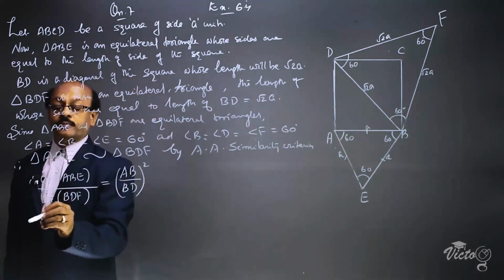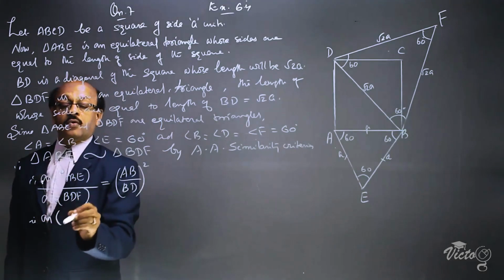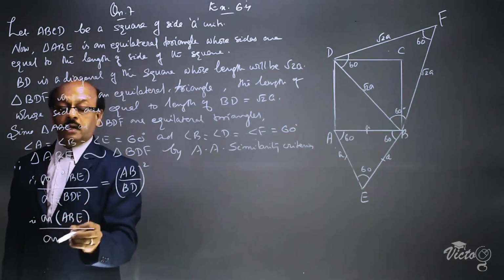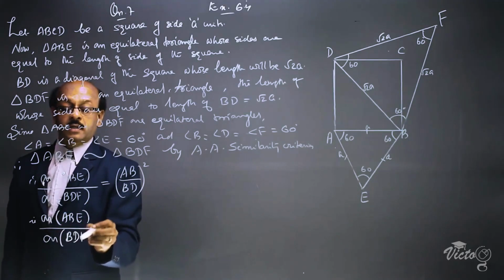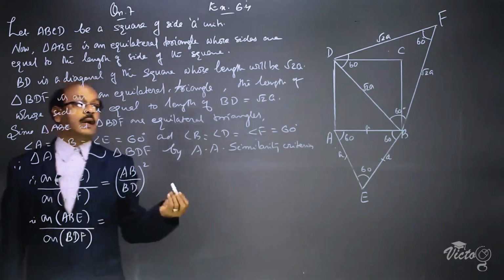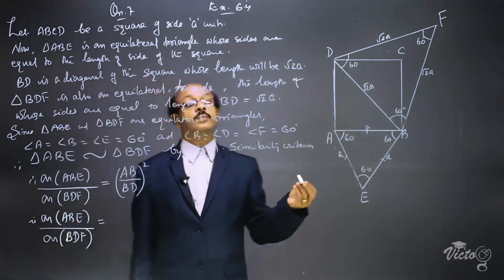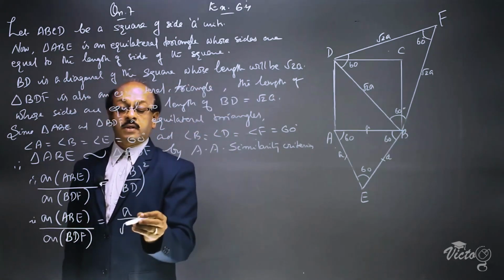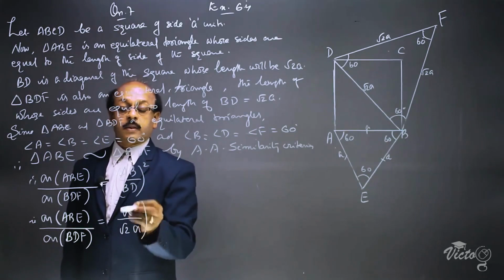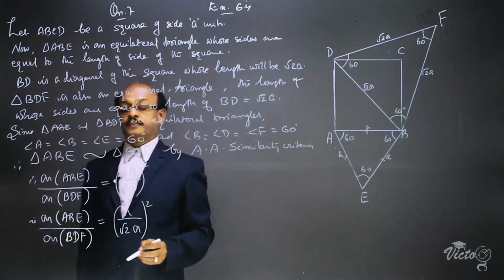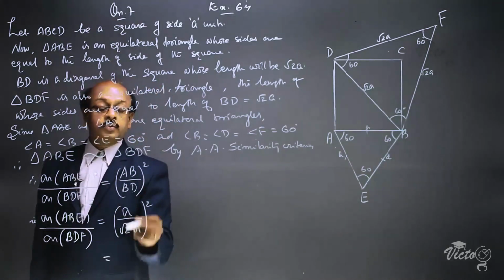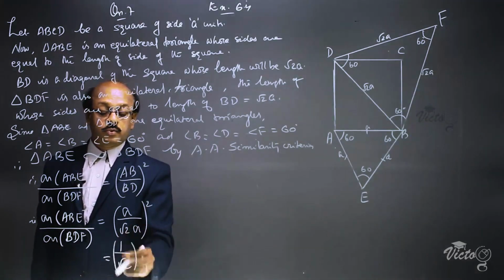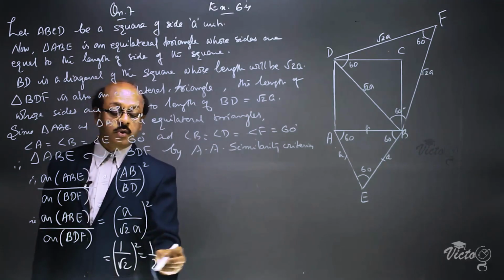That is, area of triangle ABE divided by area of triangle BDF is equal to the length of AB, which we had assumed to be a units, and the length of BD is root 2 a units, the whole square. The a's cancel, giving 1 by root 2 the whole square, which is equal to 1 by 2.